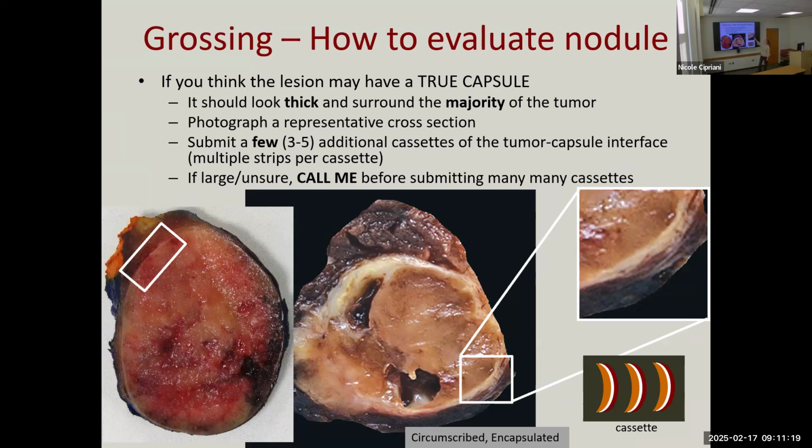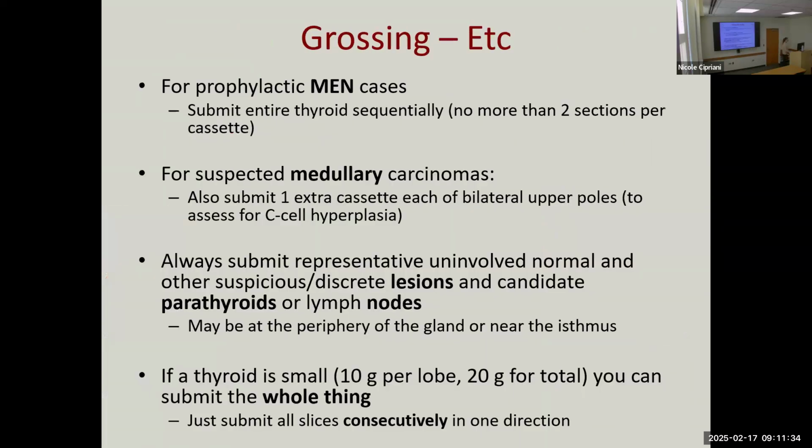I would never advocate submitting the entire periphery up front unless you talk to me first, because sometimes it's overkill. So generally, abundant sampling, and if we need to go back and put the rest of the perimeter in, we will. If you have a small gland, 10 per lobe, 20 for total, which I think is in the grossing manual, you can just submit the whole thing, that's fine. These are pretty small, and we can look at them easily.